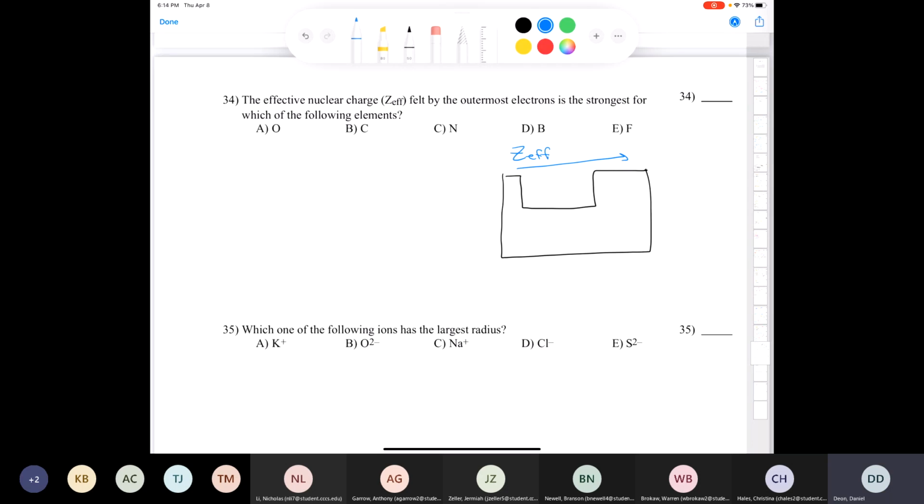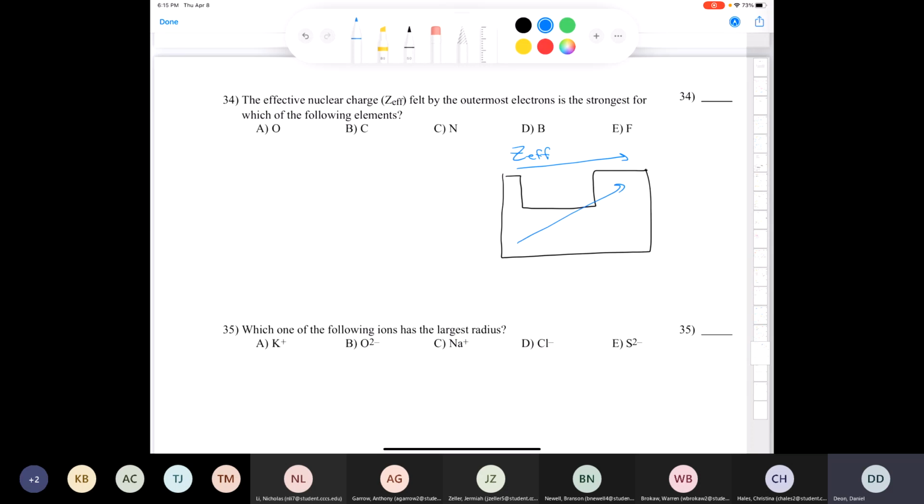We know that effective nuclear charge also increases going down a group. However, because of the size of the elements as they get bigger and bigger as you go down a group, the ionization energy decreases. But anyhow, generally speaking, we know that Zeff increases going up and to the right like this.